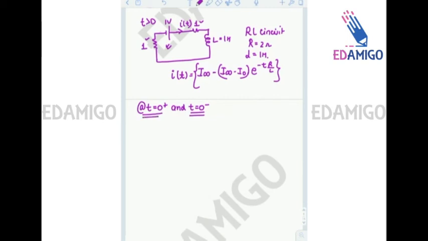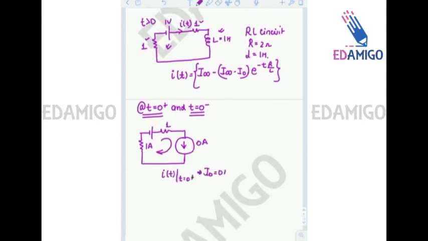So at t equals to 0 plus also, since this inductor was uncharged, it will act as a current source of 0 amperes. So no current will flow in this loop. So I(t) at t equals to 0 plus, or I0, is equal to 0 amperes.